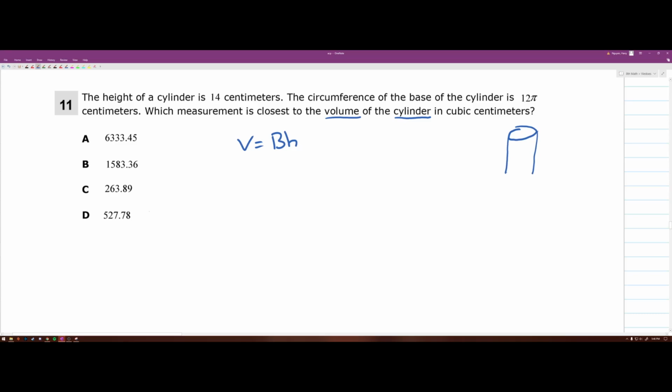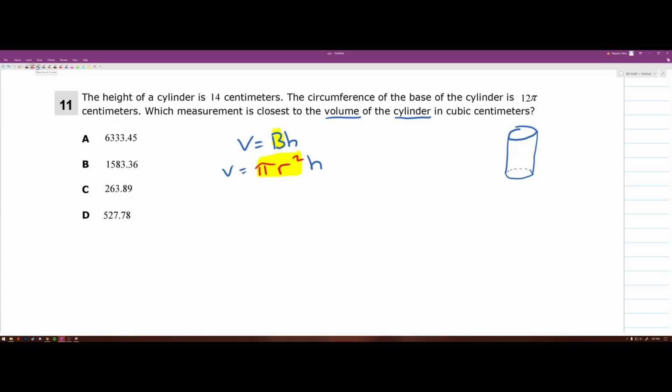The base is what sits on the floor right here. So the shape of the base is a circle, and the area of a circle, I remember, is pi r squared. So then volume is equal to pi r squared, because that's big B now, times h. So there's B, and then B became that.